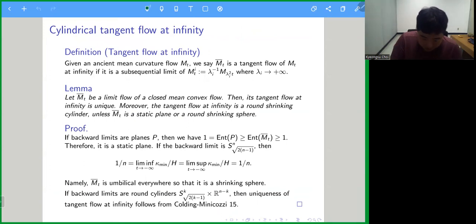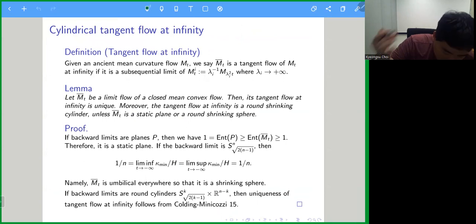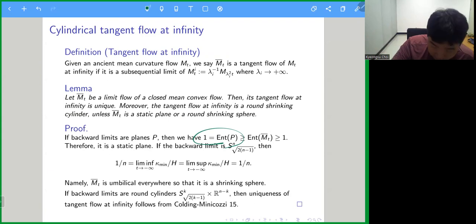If the backward limit is a plane, then by direct computation, you can check that the entropy of a plane is 1. Since it's a backward limit, it's greater than or equal to the entropy of the flow, because the entropy is monotone decreasing.